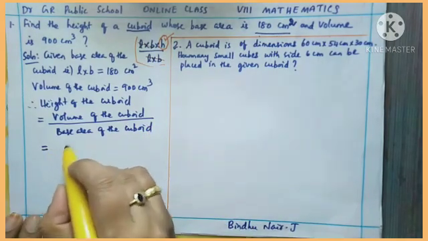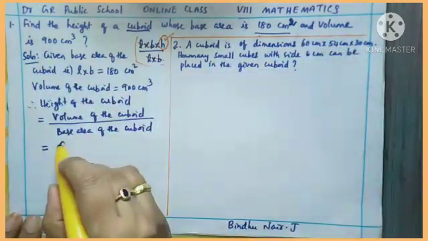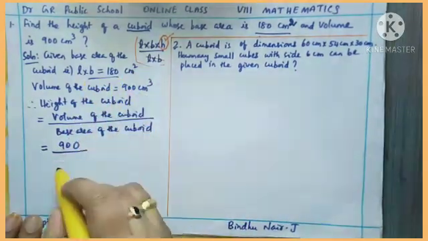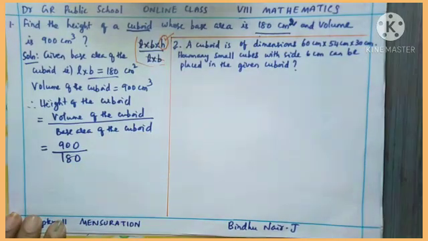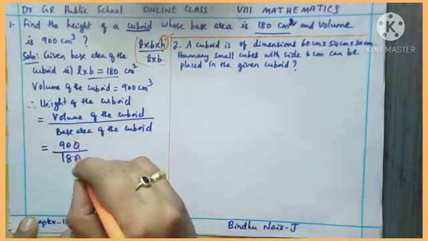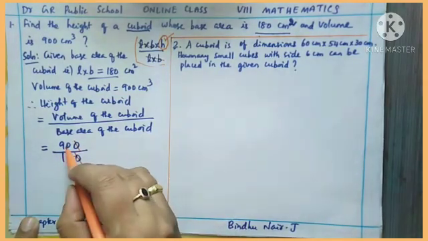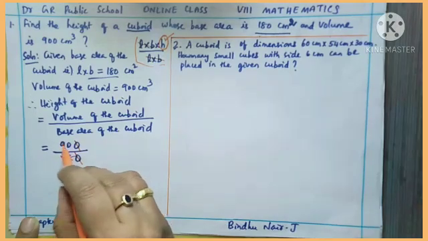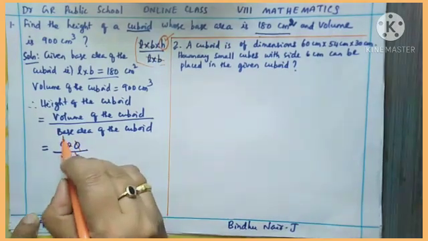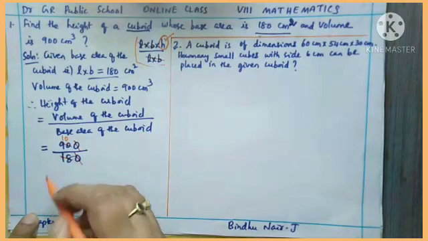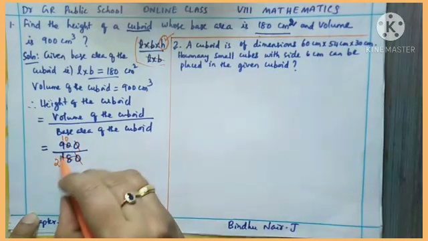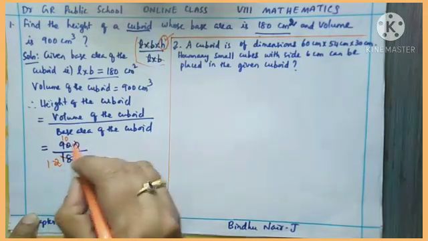Volume of the cuboid is 900 divided by base area is 180. Now you can reduce the zeros here. 0, 0. Now here 90 and 18. So we can cancel by 9 table. 1 9 is 9. 2 9s are 18. Then again 2 and 10 can be cancelled. 1 2 is 2. 5 2s are 10.